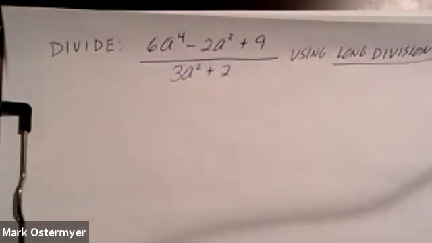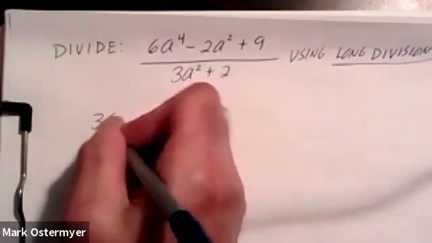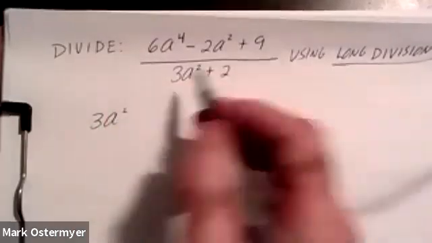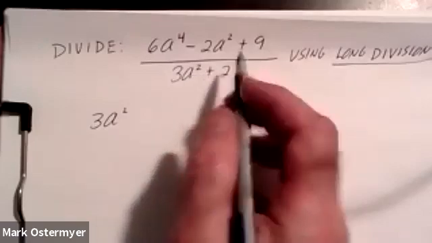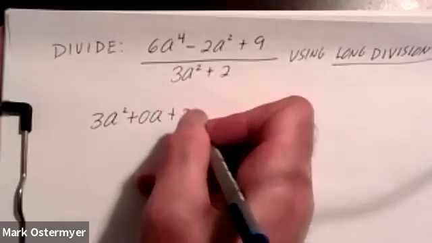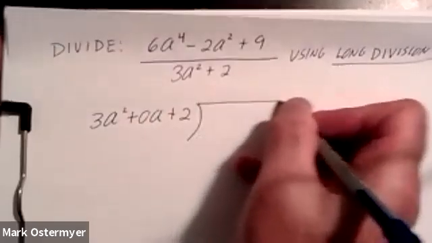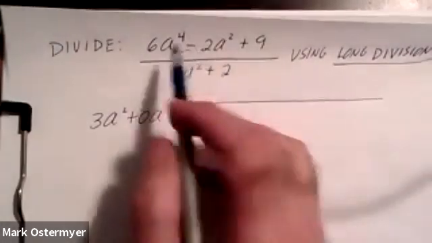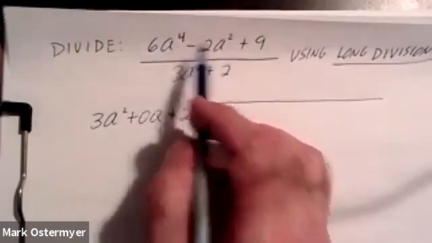My divisor is 3a squared plus 2, but what's missing in my divisor? What am I missing? 0a. Yeah, I'm missing an a to the first power term in here. Must insert placeholder in the form of 0a. My dividend, I have a 4th degree term, but then I go down to a 2nd degree term.